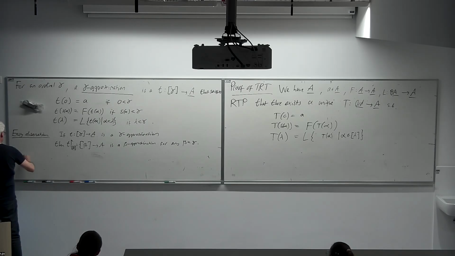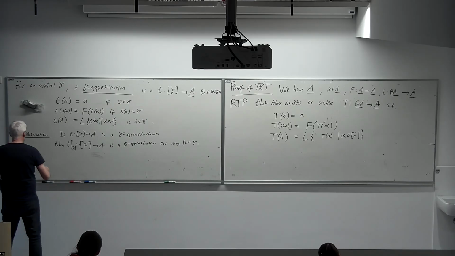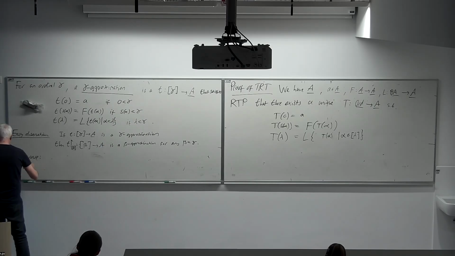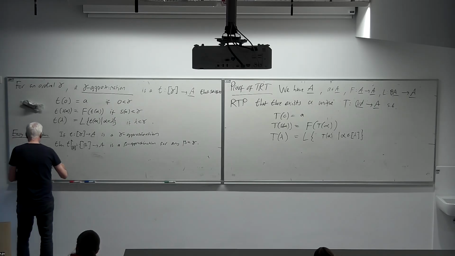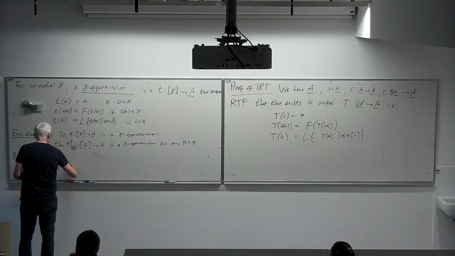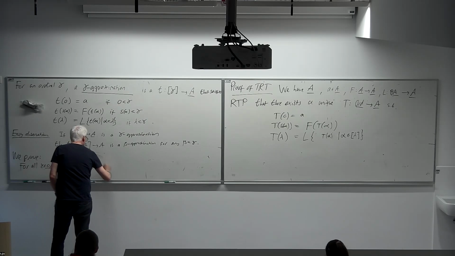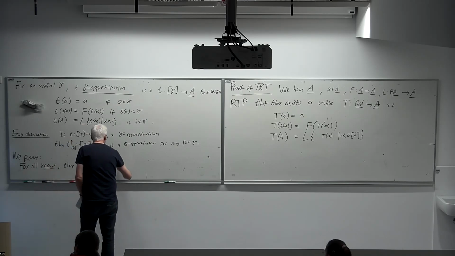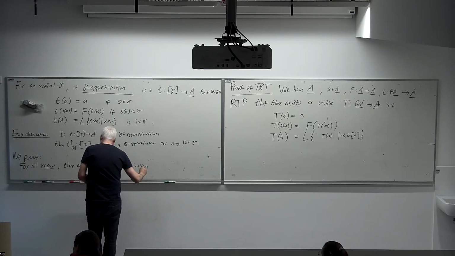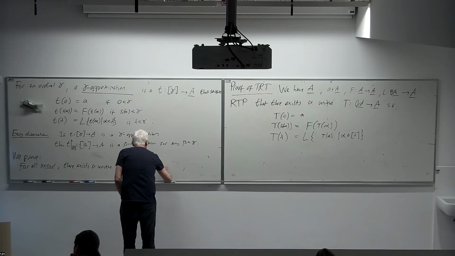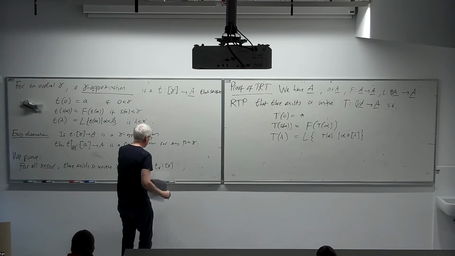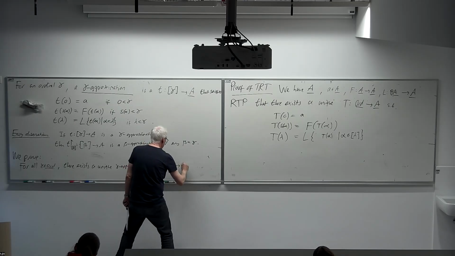We prove for all ordinals gamma, there exists a unique gamma approximation, we'll call it t gamma, little t sub gamma, whose domain is the ordinals strictly less than gamma to A.